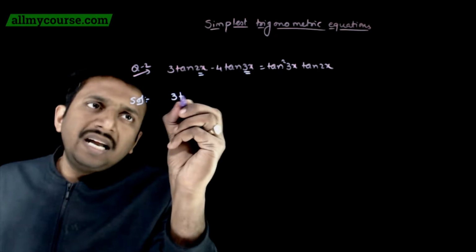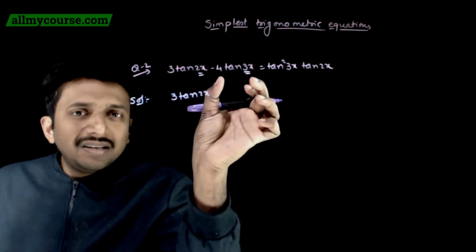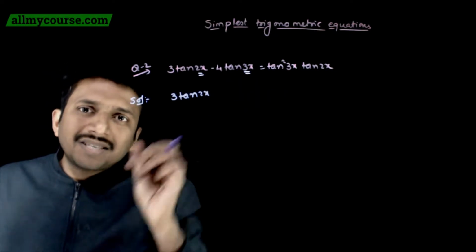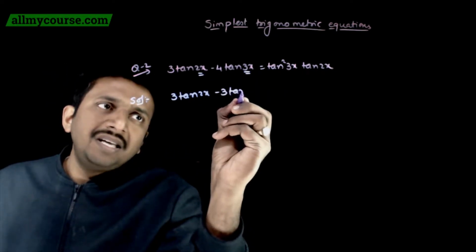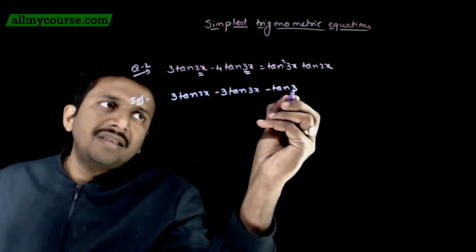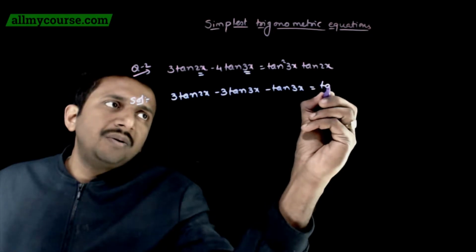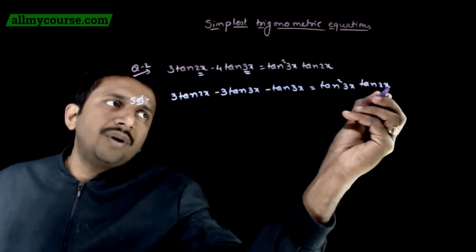So 3 tan 2x. What I'll do is I'll separate 3 tan 3x and minus tan 3x. Minus 4 tan 3x can be written as minus 3 tan 3x again minus tan 3x is equal to tan²3x into tan 2x.